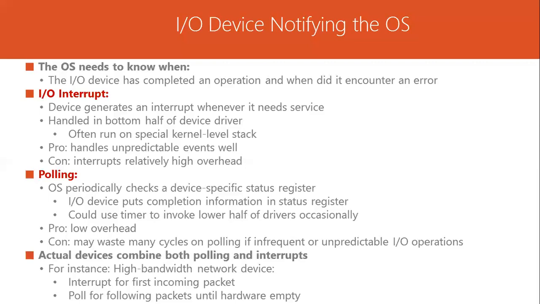So while polling, you are either using an IO instruction where you use in-out instructions to read or write, or if you've got a memory mapped status register, you are doing a load store operation in that IO space.